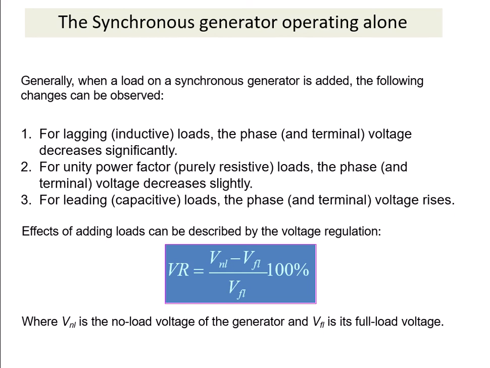We want voltage regulation as small as possible, or even negative. Voltage regulation will be positive for lagging and unity power factor, but for leading power factor it will be negative, which is a good thing.